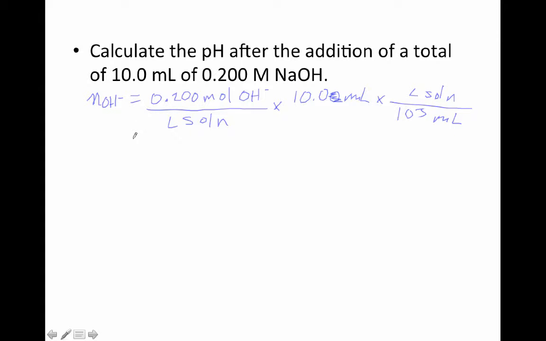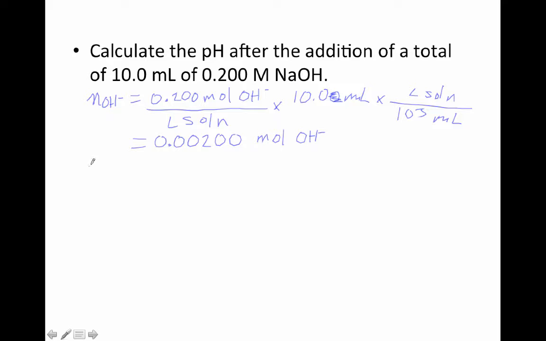This means that when we've added 10 mL of the sodium hydroxide solution, we have added a total of 0.00200 moles of hydroxide. We've also added 0.002 moles of sodium cations, but those are spectator ions.